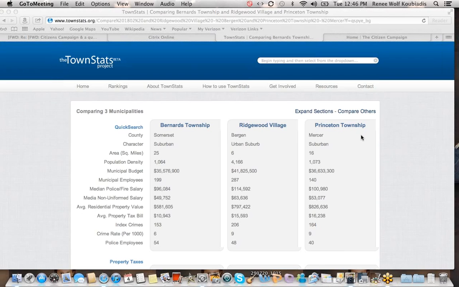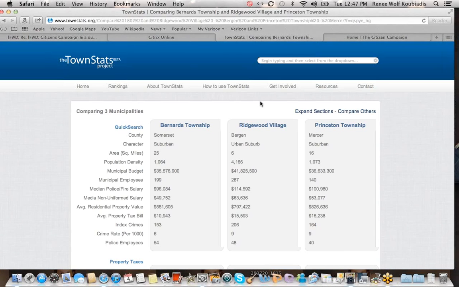I think we have a question here from Nancy Wolf: is there data which indicates city versus rural?